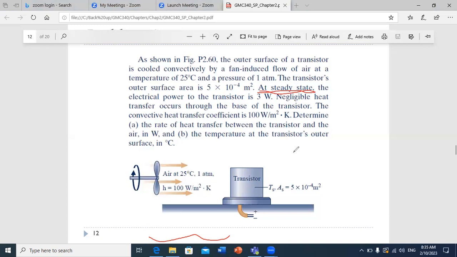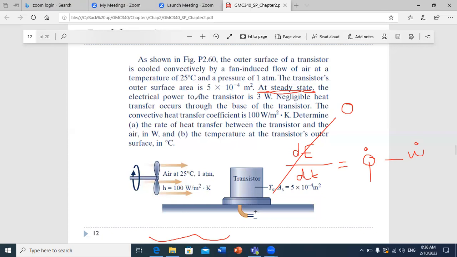So when we write the equation, in general, we write dE by dt equals Q dot minus W dot. Now whenever they say steady state, this means dE by dt is 0. And as you can see here, the transfer with the surroundings is in terms of heat. You don't have any work here.